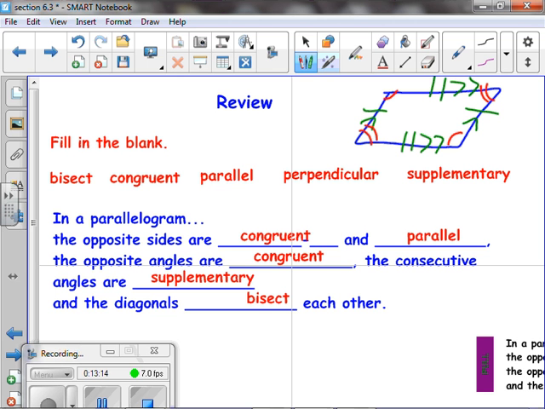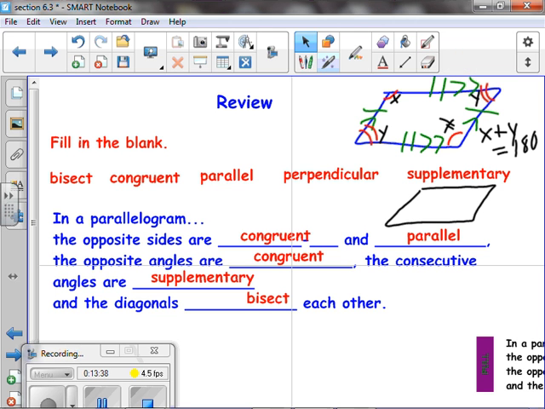Finally, if I have x, y, x, and y here, I know that any consecutive angles must be supplementary, so x plus y has to equal 180. And I know that my diagonals bisect each other. I'm going to draw another one so it doesn't get quite so crazy. If I have two diagonals here, this and this must be equal to each other, and this must be equal to each other. Just summing up what we know about parallelograms.